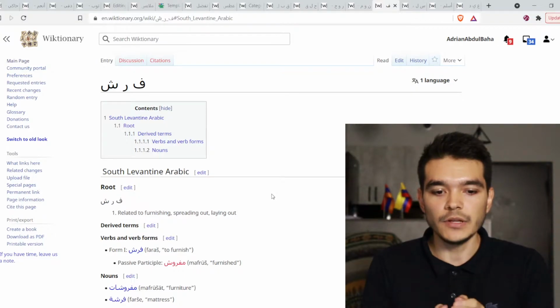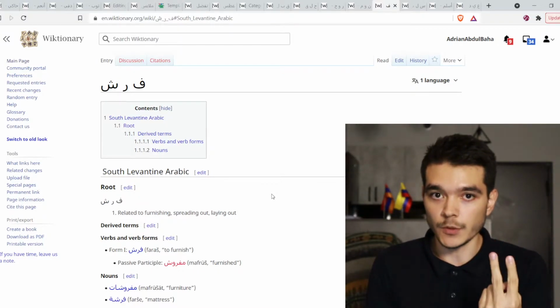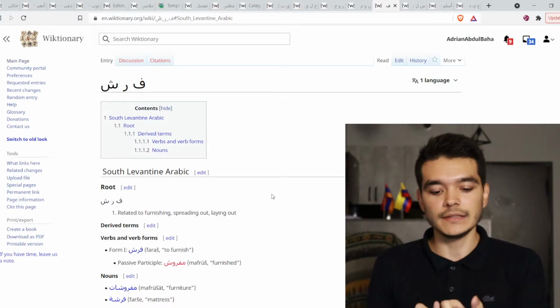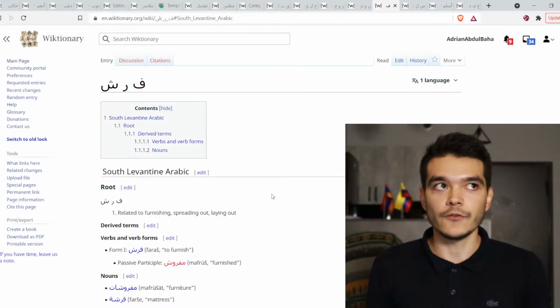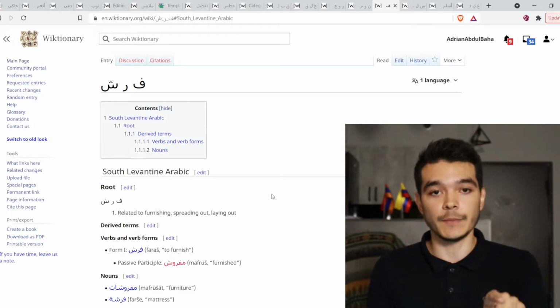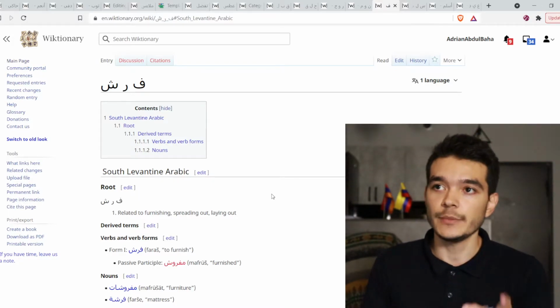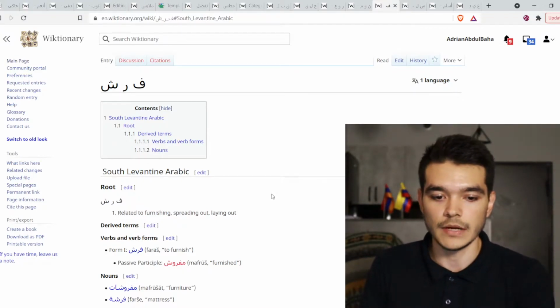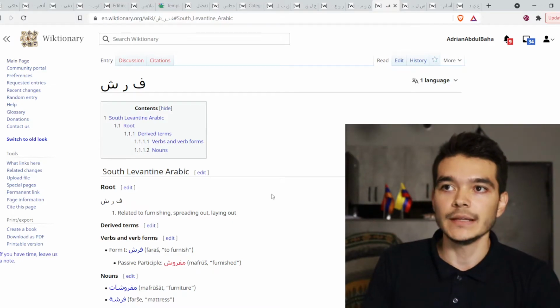A couple of form two verbs from Fusha seem to have become four-consonant words in the dialect by the addition of a broken ending. Let me give you an example, although I've kind of hinted at what I'm going to show you here.